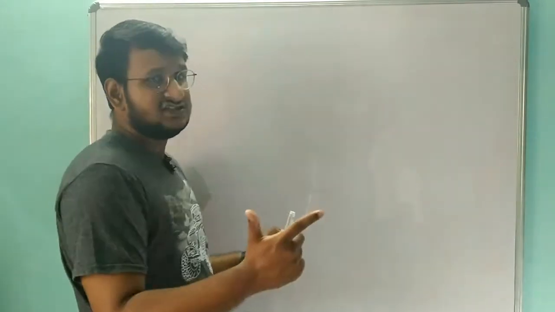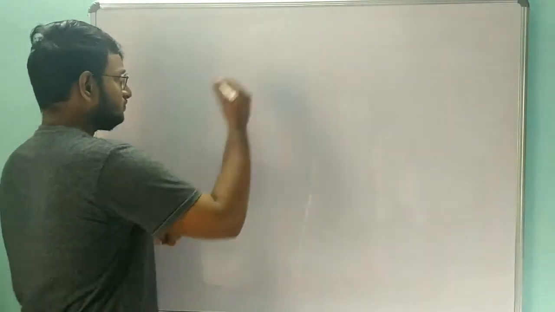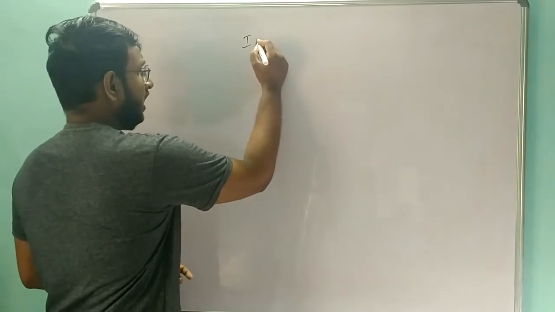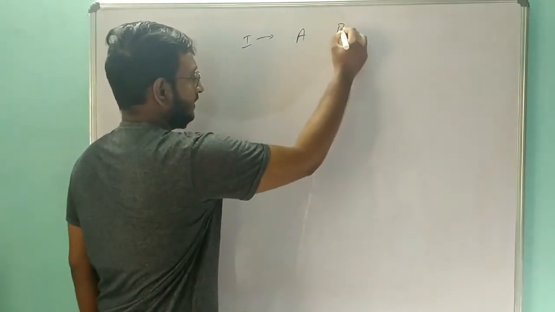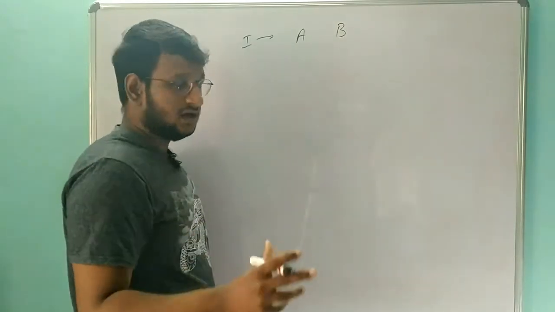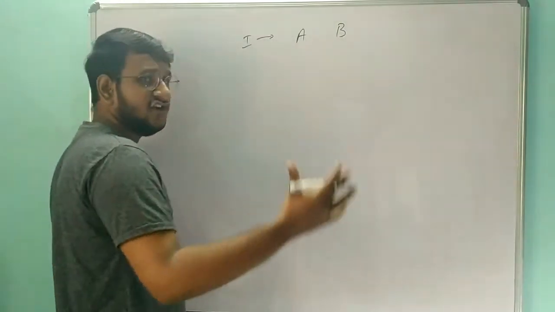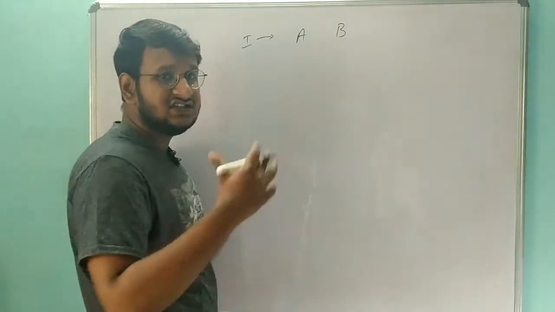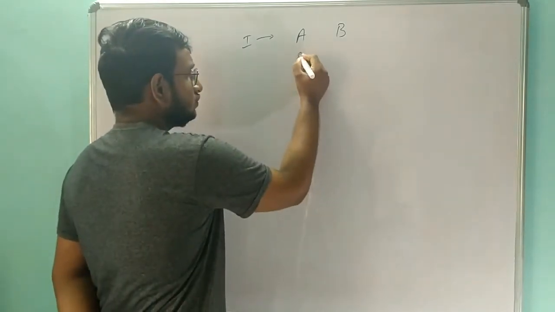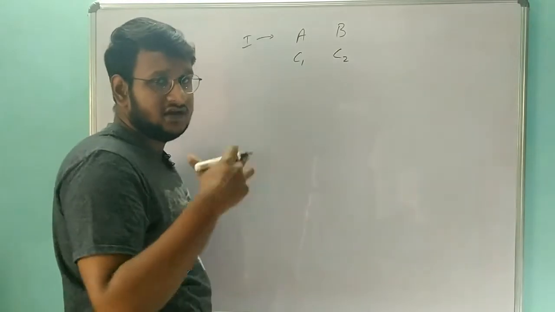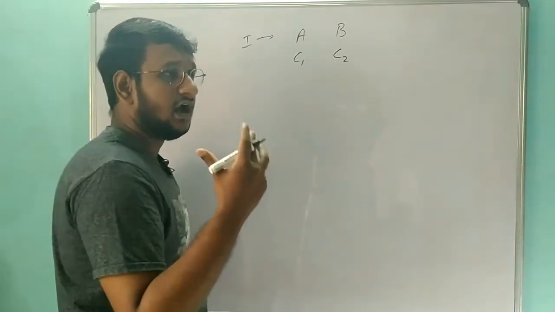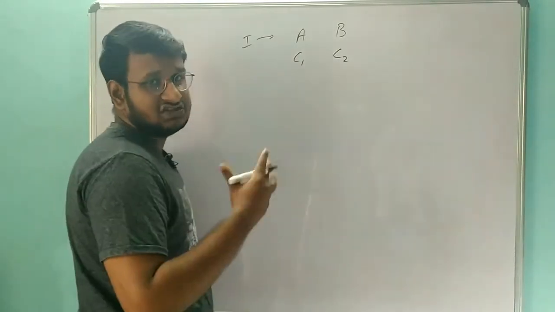So the first scenario is, let's take two partners, A and B. There are two partners and they are investing different amounts, different capitals. Let's say the capital will be C1 and C2, say 4,000 and 7,000 respectively.